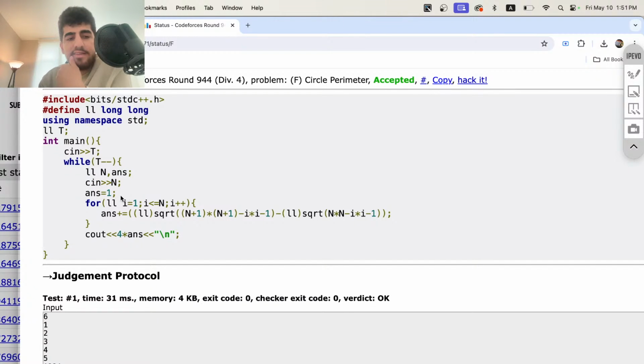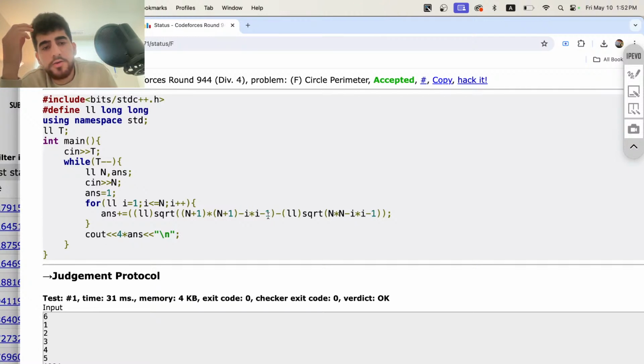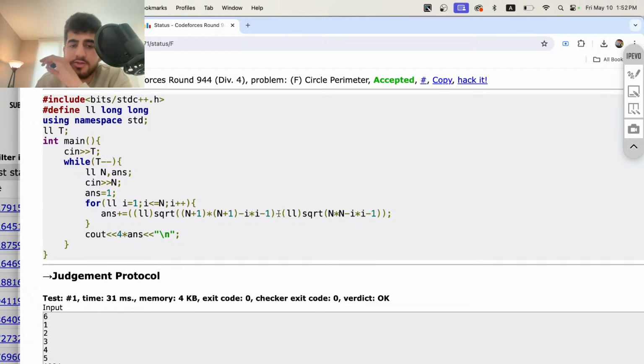It gets n, and for i from 1 to n, so it fixes the horizontal line, and then it says that we have a square root of (n+1)*(n+1) - i*i - 1. As I said, we need to subtract these two values. This code is subtracting these values each time.